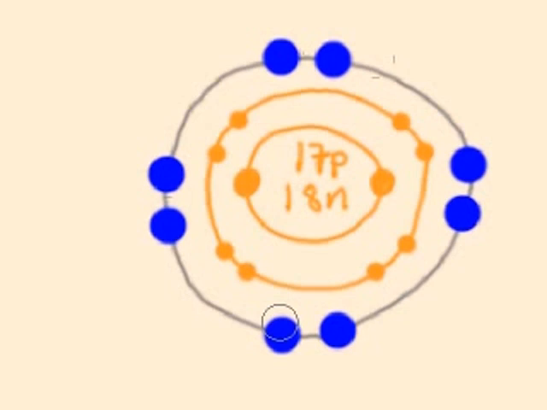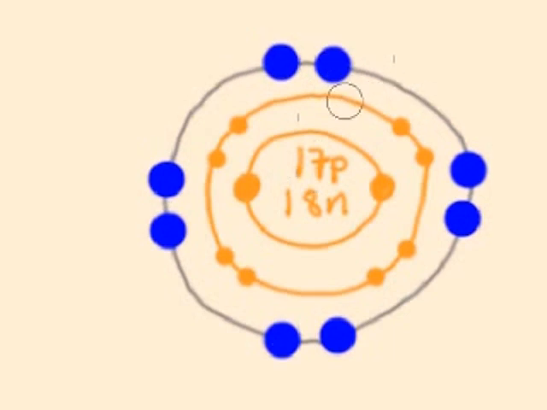And there we have 8 electrons on the outer energy level. So this structure has 17 protons, but it has 18 electrons. And so this structure is going to be called the chloride, Cl minus, the chloride anion.